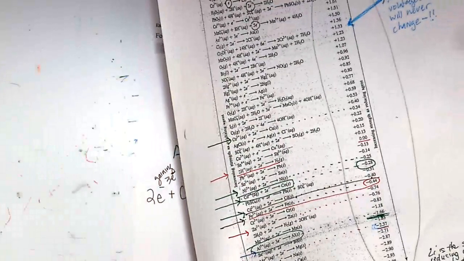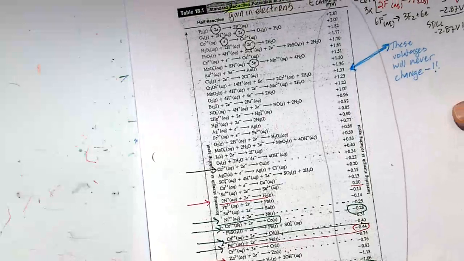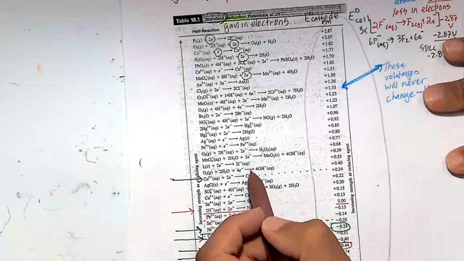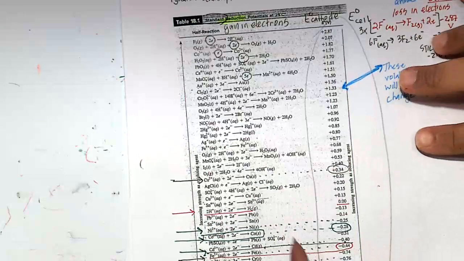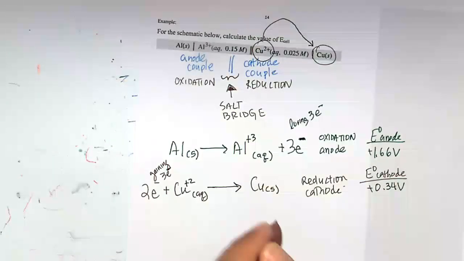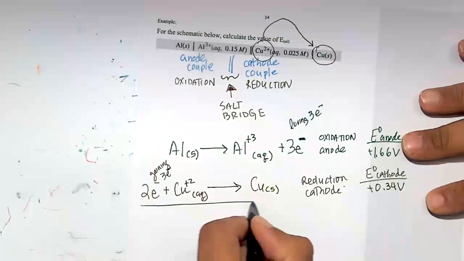And then copper. Where is copper here? Copper solid. Here we go, right here. And that's positive 0.34 volts. So we will cancel out electrons.